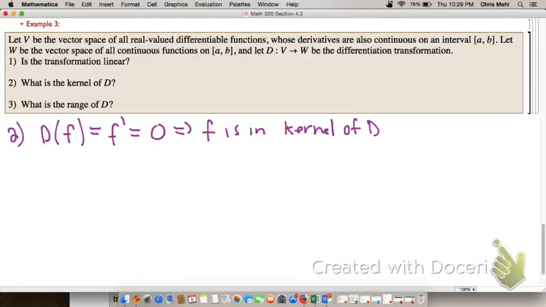So again, what we're going to do is part 2. We're assuming that we have a function f that's in the kernel of D. So D of f, which is equal to f prime, is going to be equal to the 0 function.